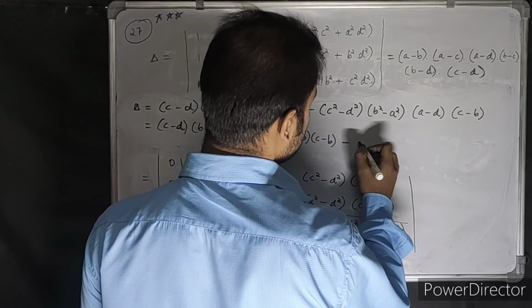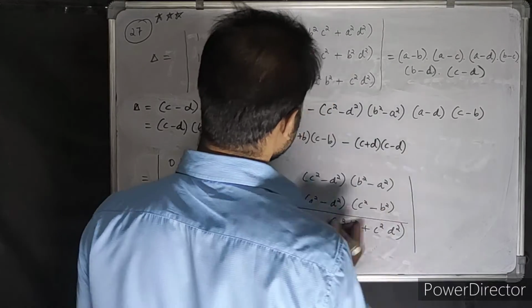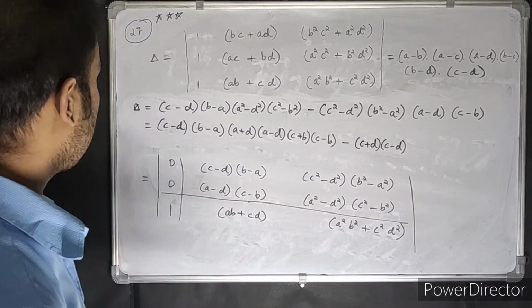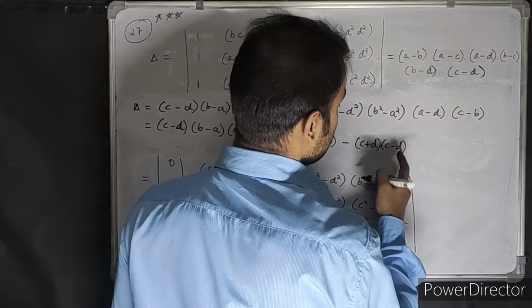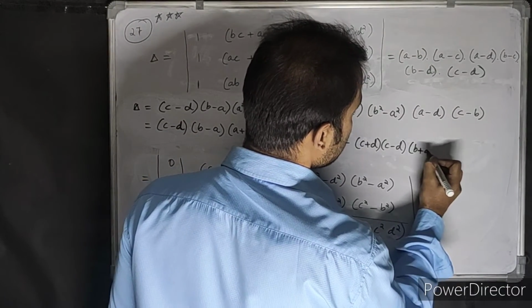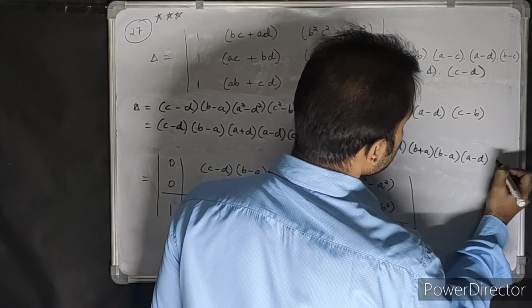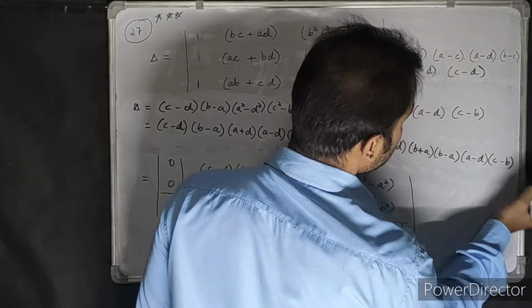Over here, this is c plus d, c minus d. Okay, we are getting b over here. Okay, we have a c minus d. C minus d, c plus d, c minus d. Then b plus a, b minus a. Then a minus d and c minus b.